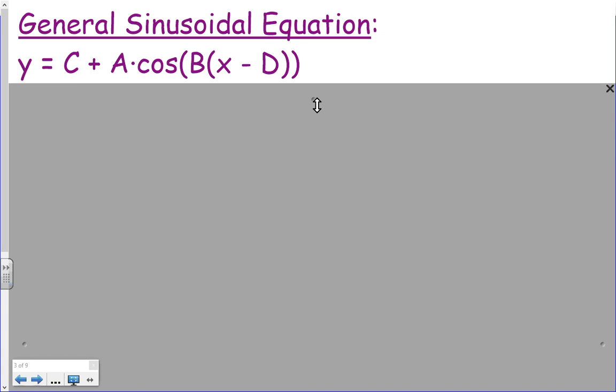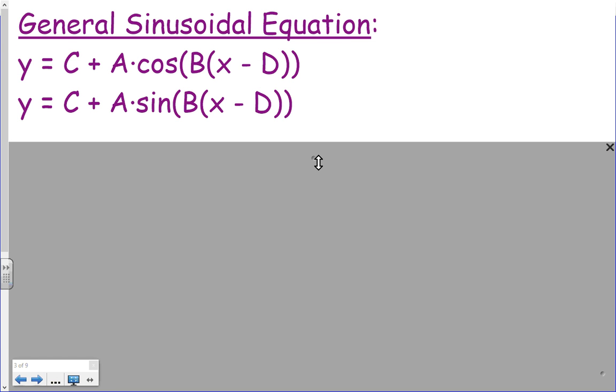All right, just to refresh our memory a little bit about the general sinusoidal equation. You've seen this general sinusoidal equation now for several chapters. It's written as y equals c plus a times the cosine of b times x minus d, or we could write it in terms of sine, y equals c plus a times the sine of b times x minus d.